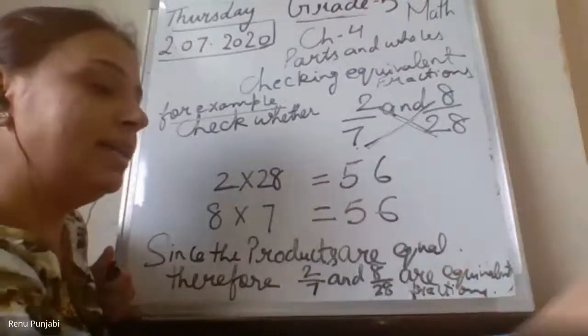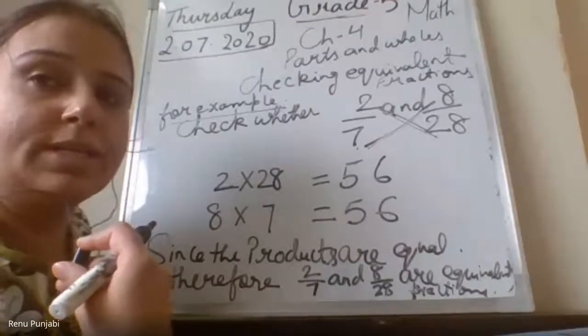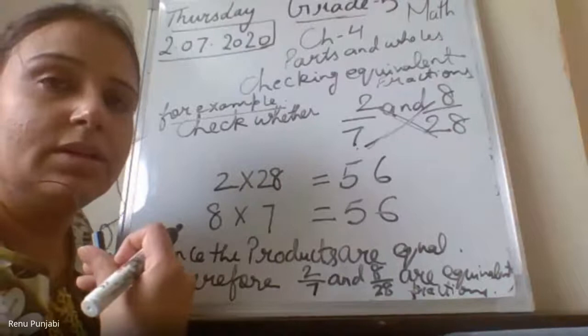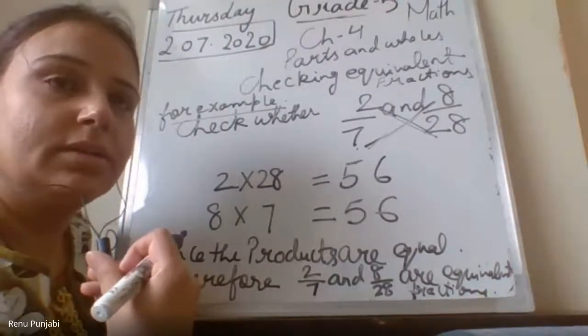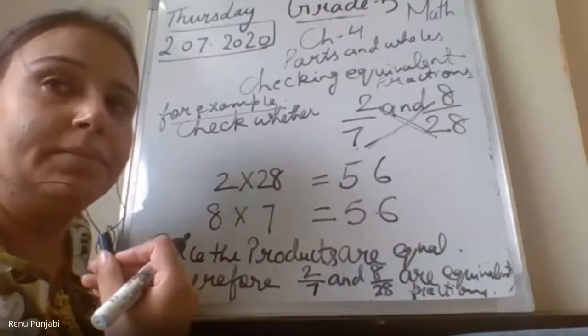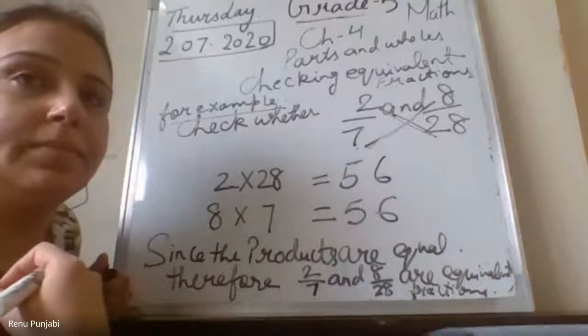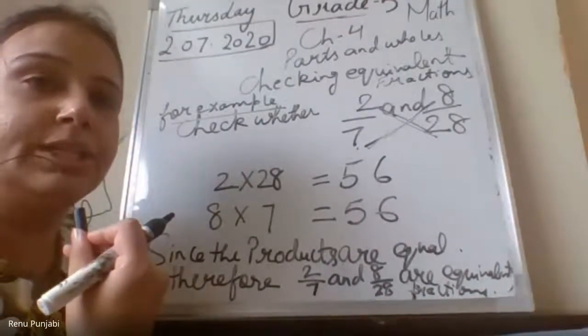Everyone has done this? Ma'am, I have done it. So what we have to write? Please stop sending this, Purv. Which link are you sending, Purv? Now, you have done, children? Please write in the chat box so that I'll move further.